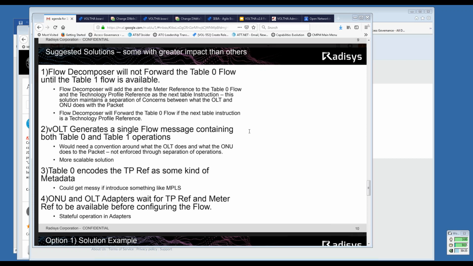The solution one would basically be, I could add the technology profile information to the table 0 once I have it. But someone would have to basically know not to send table 0 on until it had table 1 information available. And that would have to be the flow decomposer, I guess.